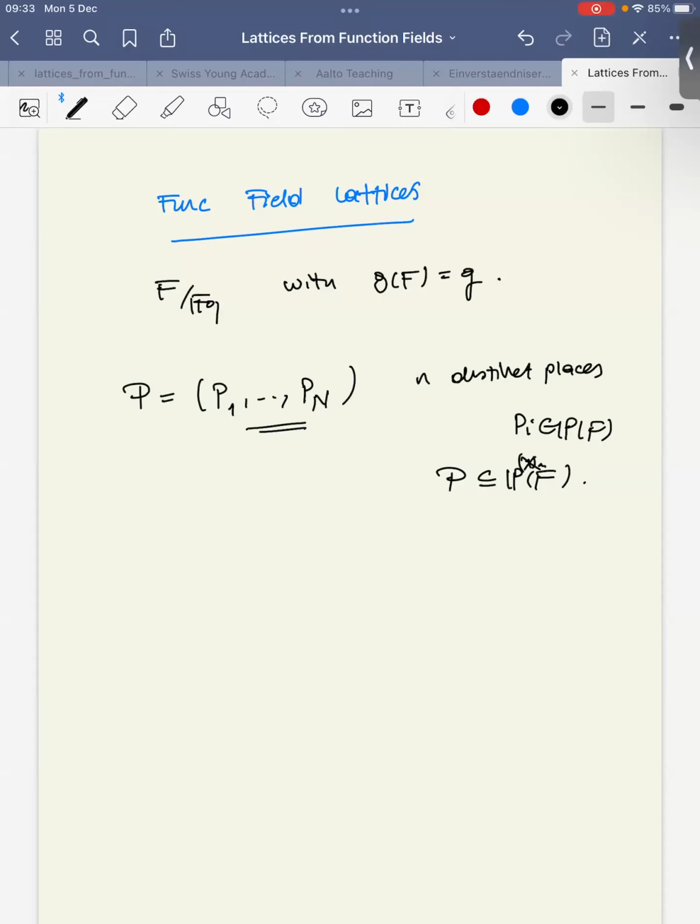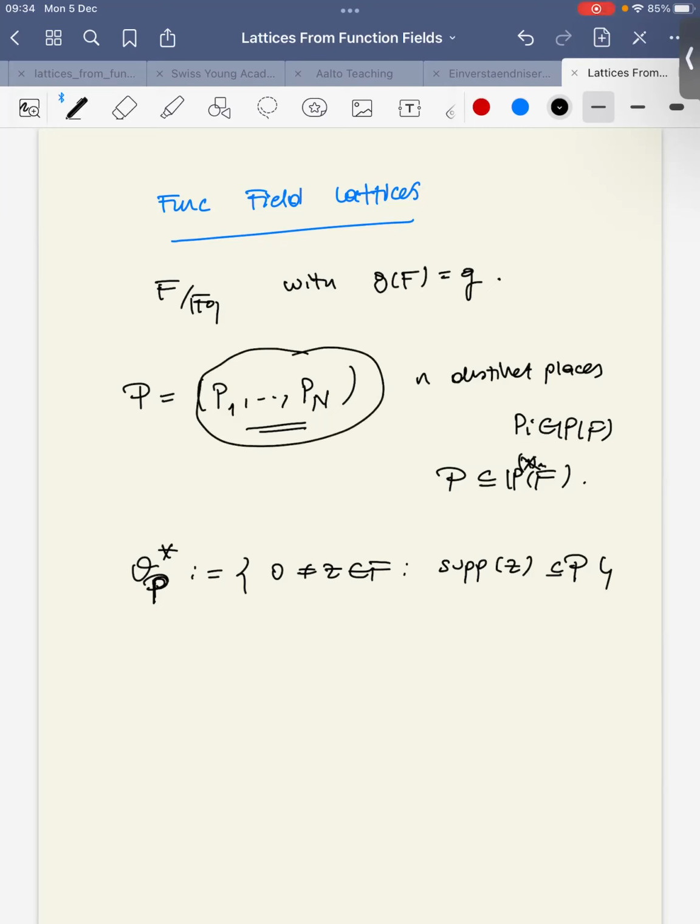And in one of the exercise questions, we have considered the set curly P star, which contains functions whose supports, so their poles and zeros, are a subset of this finite set.